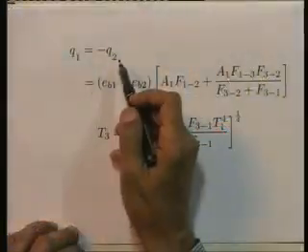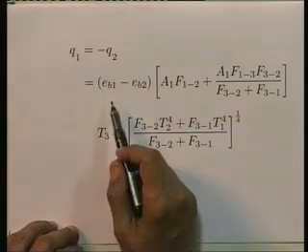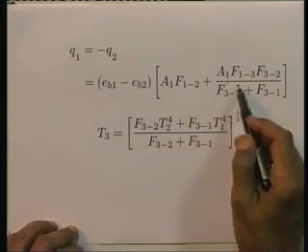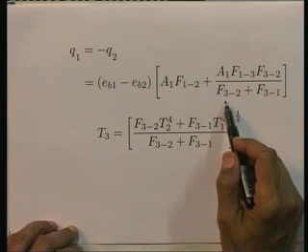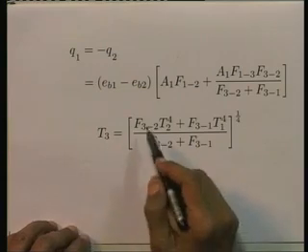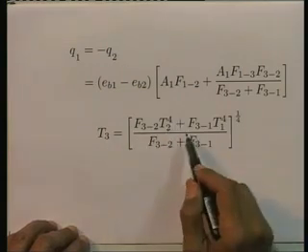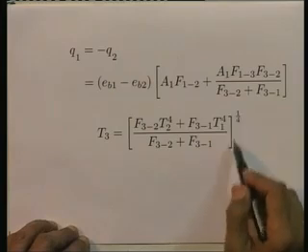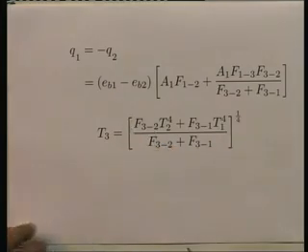If we solve those 3 equations for the 3 unknowns Q1, Q2 and EB3, that is T3, we will get Q1 is equal to minus Q2, which is equal to EB1 minus EB2 into A1 F12 plus A1 F13 F32 divided by F32 plus F31, and the third unknown T3 will be equal to F32 T2 to the power of 4 plus F31 T1 to the power of 4 divided by F32 plus F31, the whole thing within square bracket to the power of 1 by 4. This is the solution to the problem. This is what we are looking for.